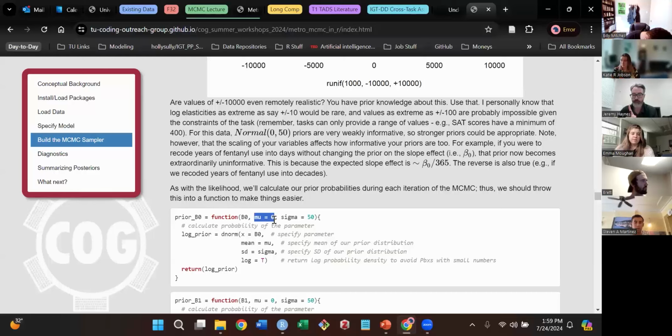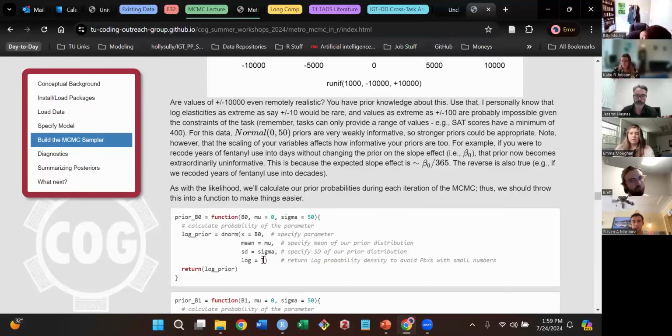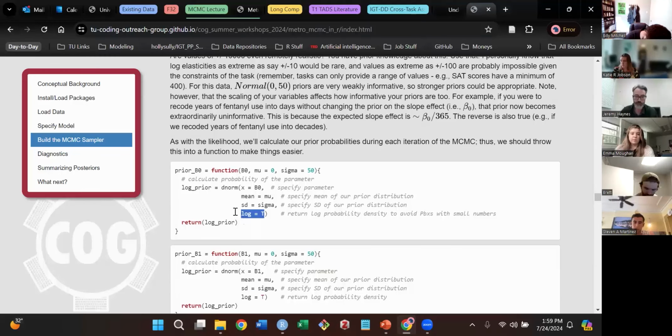We have our mean for that prior, so 0, standard deviation of 50. And this is what we saw before, as in the likelihood, we're saying, what is the probability of that parameter value given this mean and standard deviation? And again, we want to set our logs to true because we're working on the log scale. And we're going to return that.